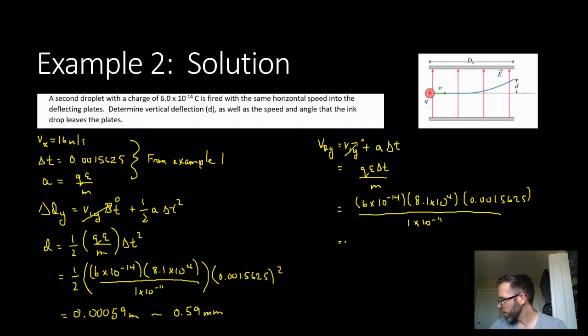I got about 0.76 before, but I'm in the habit of double checking these. 8.1 times 10 to the 4 times 0.0015625 over 11. Yep, about 0.76 meters per second. All right, so let's put those together.